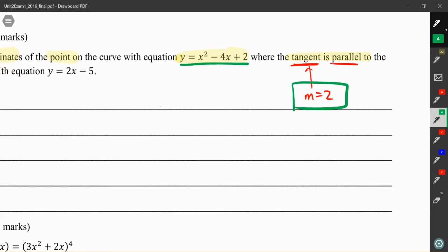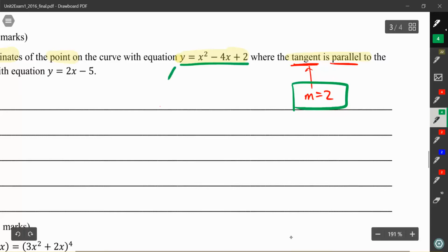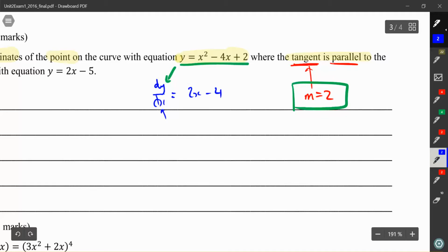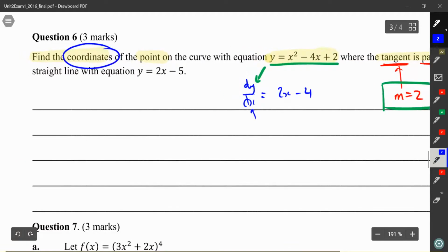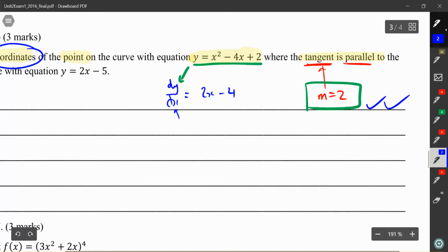Now, I kept repeating this. Don't forget the purpose when you're finding the derivative. What is the purpose when you're deriving? You are finding the gradient. So if I found the derivative of this, dy dx gives you 2x minus 4. This is the gradient. But what do you want to know? You wanted to know the coordinates when the gradient is 2.